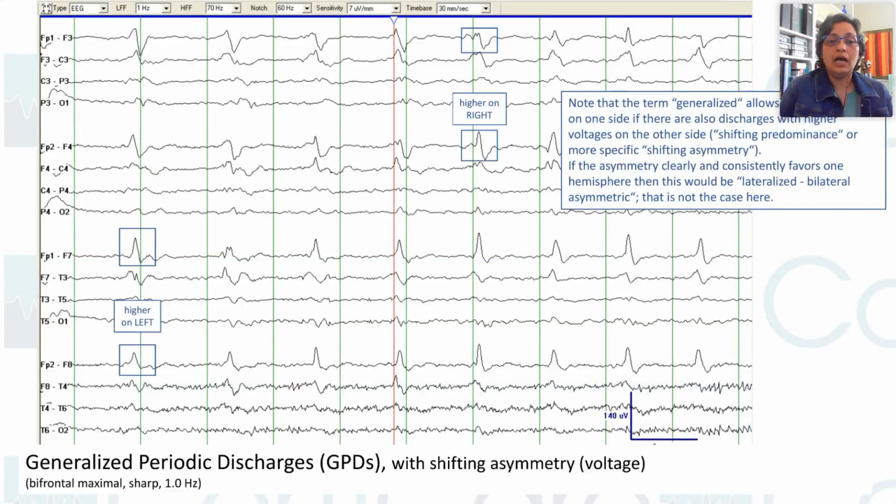If you see up top, the left is lower but the right is higher. But in the very first epoch, the left has higher voltage and the right has a lower voltage. So you can always describe your GPDs with their fluctuating predominance: maybe they're jumping from one channel to another, or maybe they are changing in voltage and frequency also.